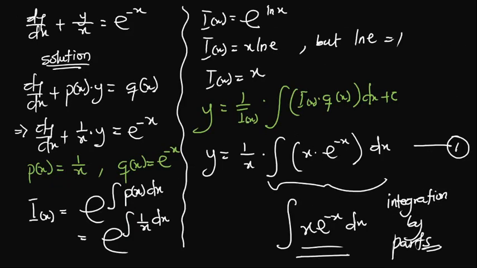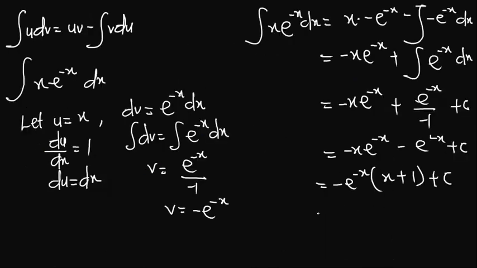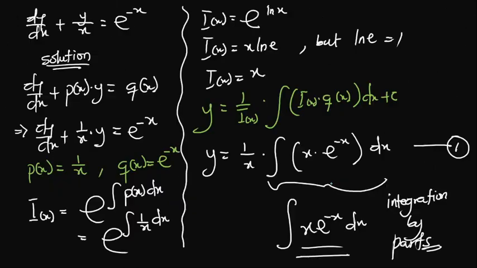Remember, we have our y to be equal to what? The product of 1 over the integration factor, which is 1 over x over here, multiplied by what we just finished solving using integration by parts. So our y, let me use another color to represent that. Our y is equal to, if we go back, we can see that we have 1 over x over here.